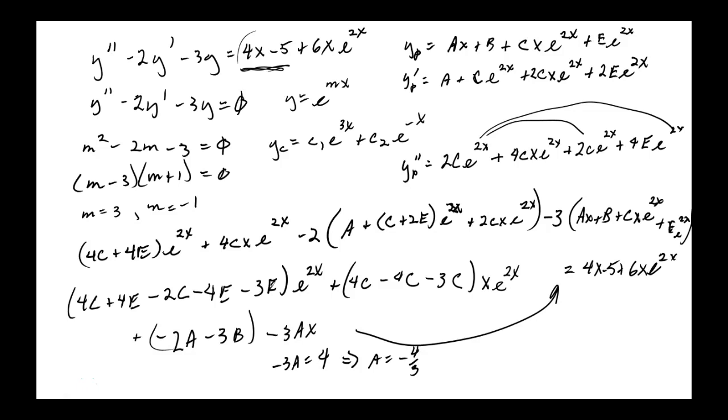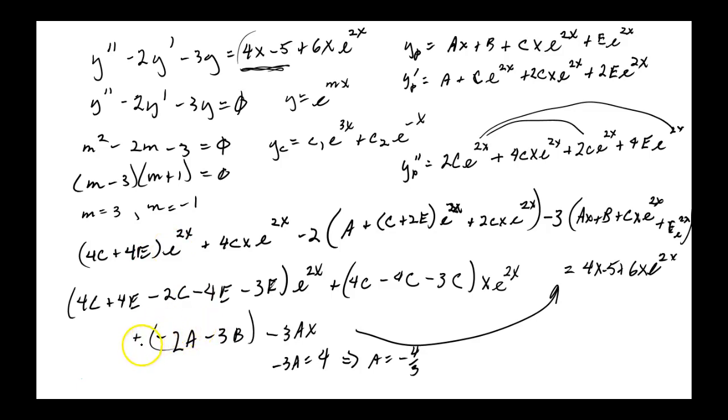Now, with that in place, let's go back and combine a few things together. This coefficient here, well, let's do the other easy one. We got a minus 5 over here, and we've got this.